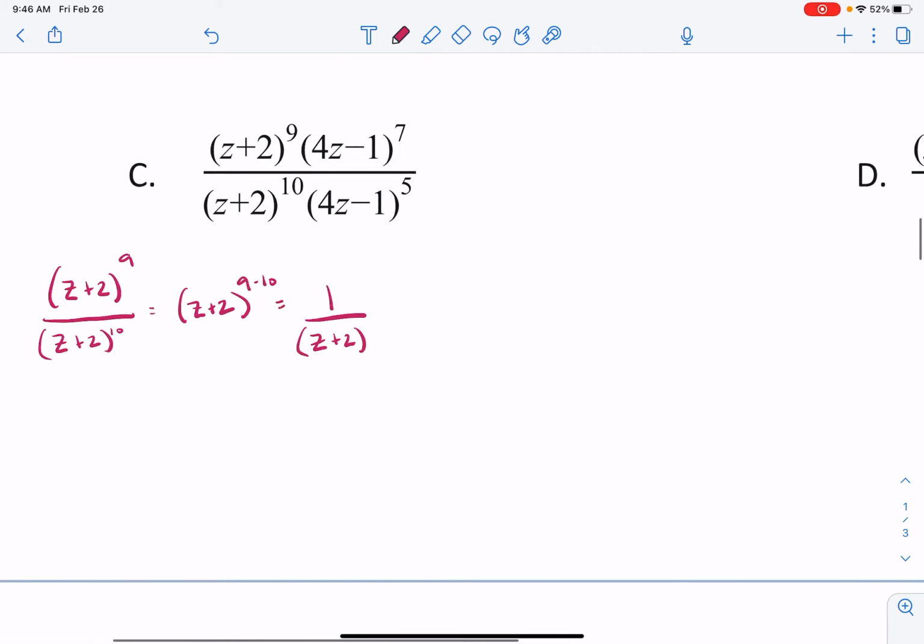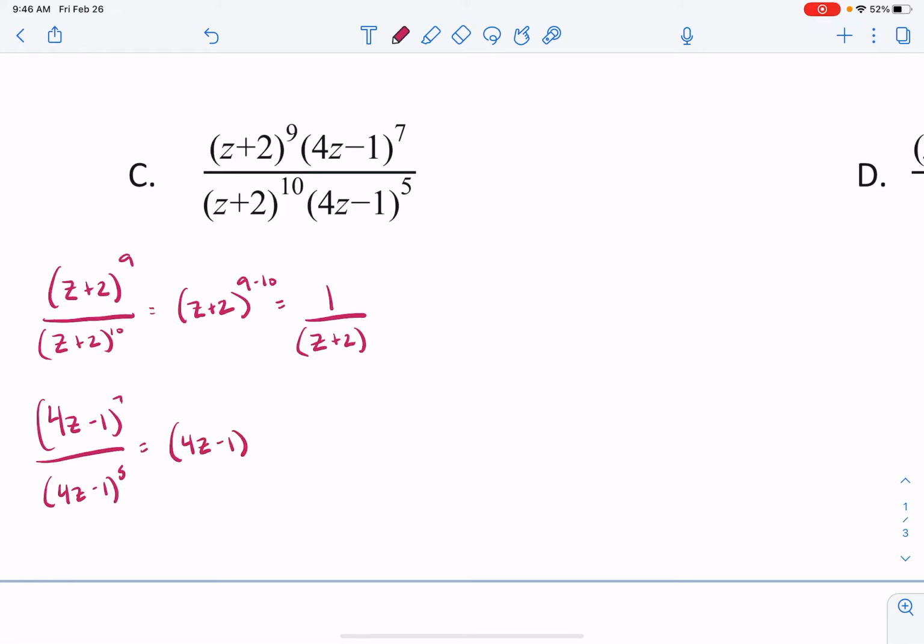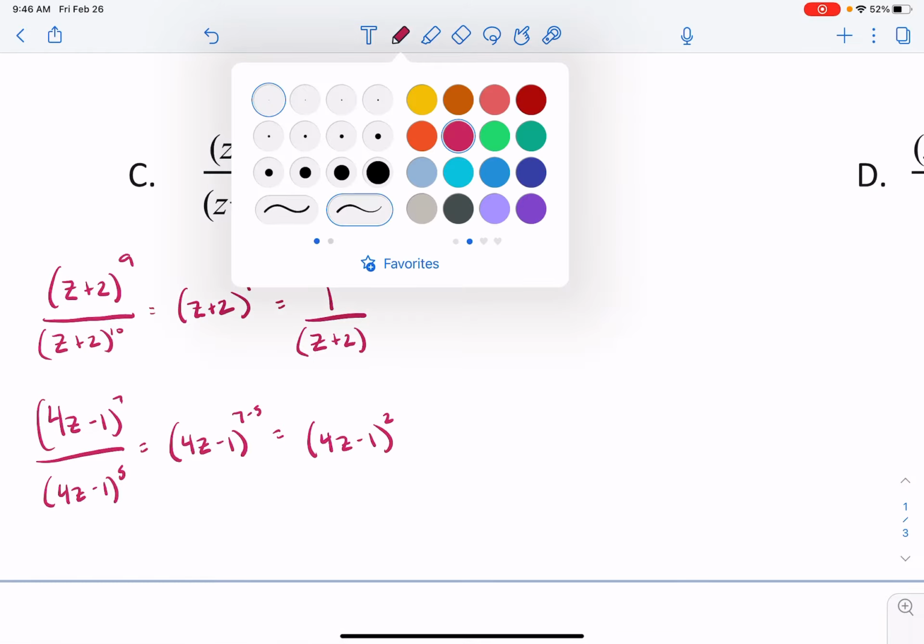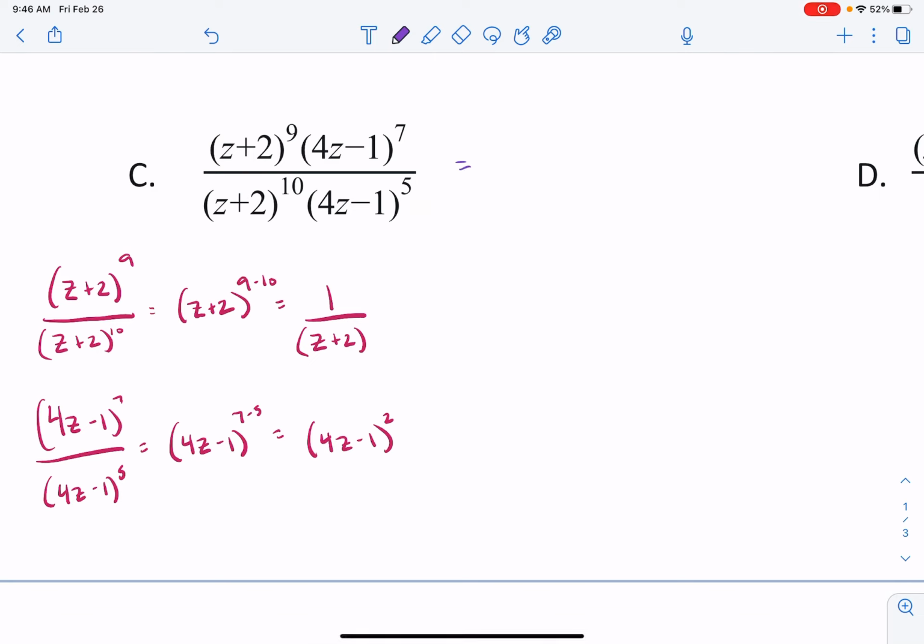And then we've got 4z minus 1 to the 7th power over 4z minus 1 to the 5th power. So that's 4z minus 1 to the, we can do 7 minus 5. So that's 4z minus 1 squared. So this would be 4z minus 1 squared all over z plus 2.